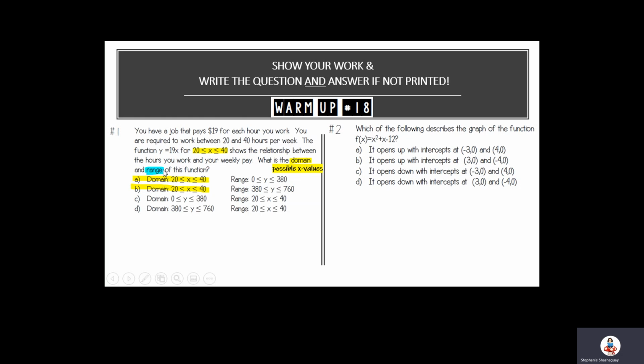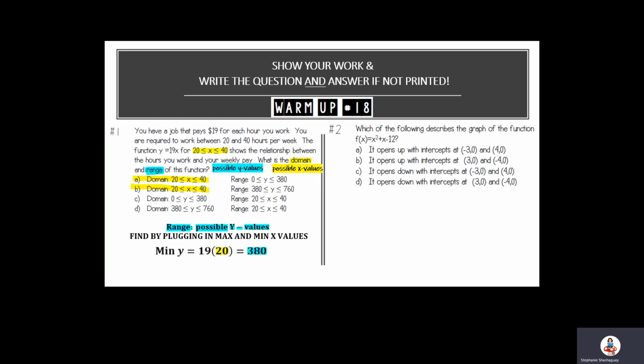Now, it also asks for the range. The range of the function is always going to be all of our possible y values. And our y here is equal to 19x. So we have to plug in our minimum and our maximum x values in order to figure out our minimum and maximum y values, because then that will give us the range.